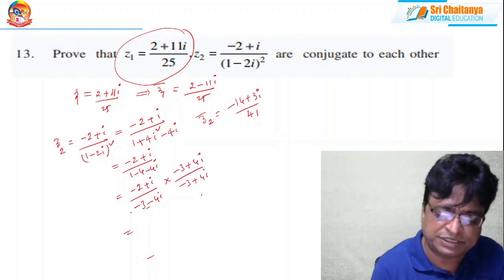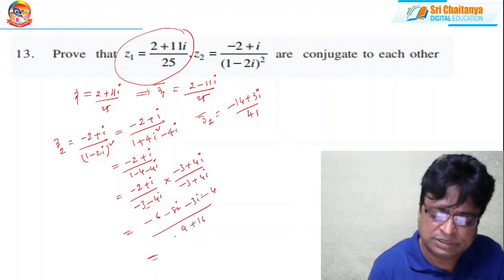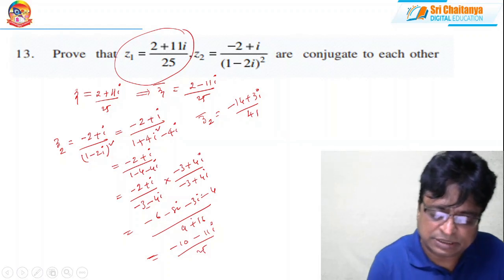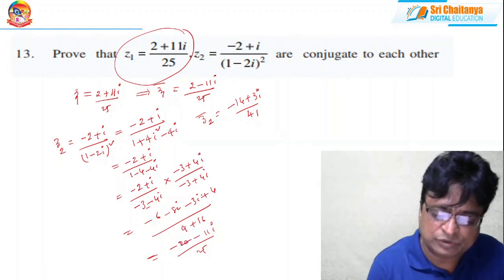After simplification, it is minus 6 minus 8i minus 3i and minus 4 by 9 plus 16. So it now becomes minus 10 minus 11i by 25, sorry, plus 4 minus 2.